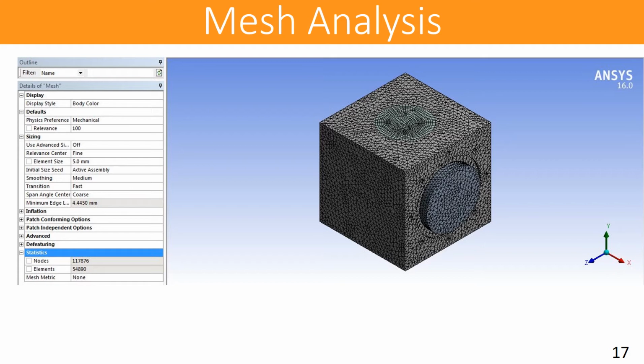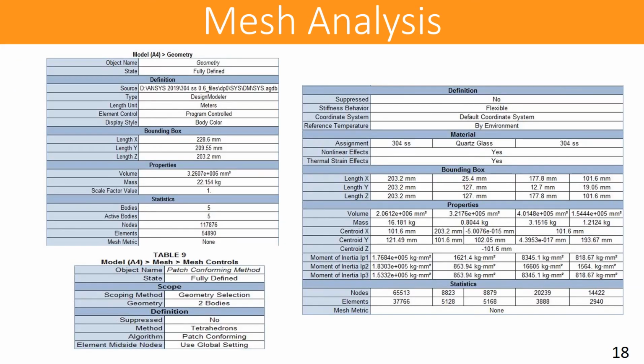After generating the mesh, the statistics show that the number of nodes was 117,876 and the number of elements was 54,890. This slide describes the mesh analysis and the mesh controls in detailed form.